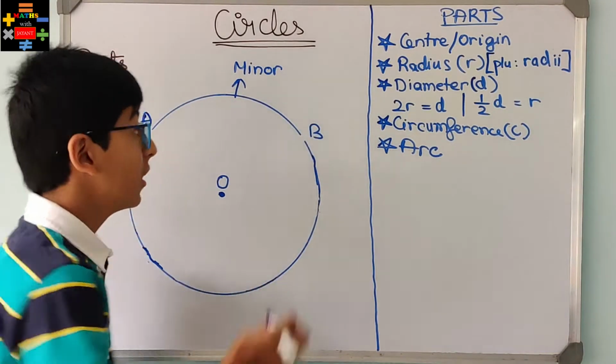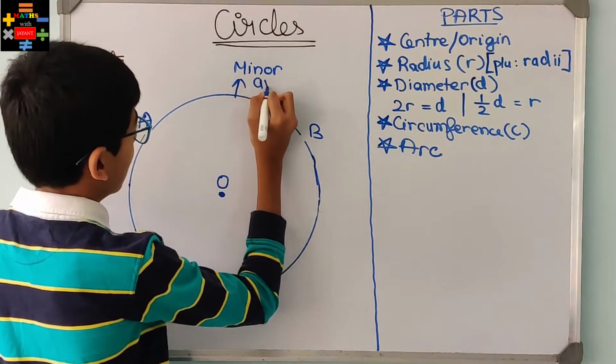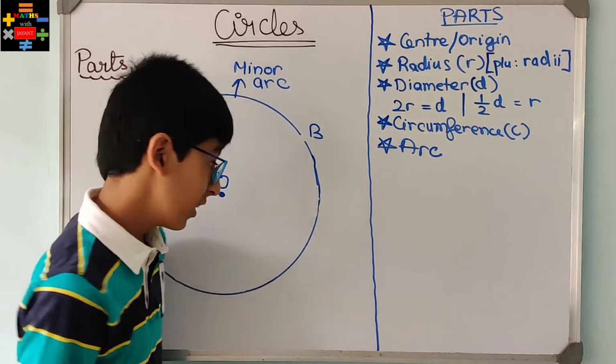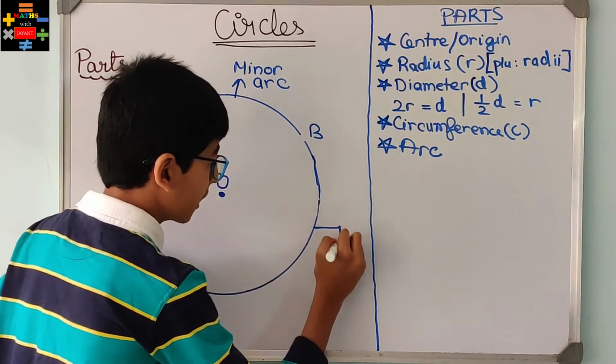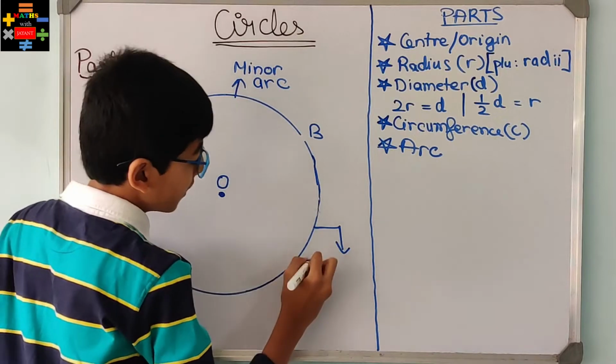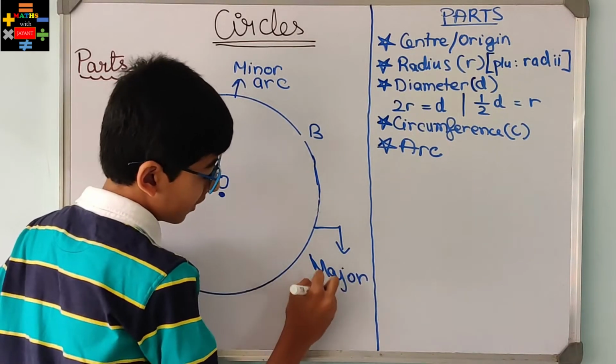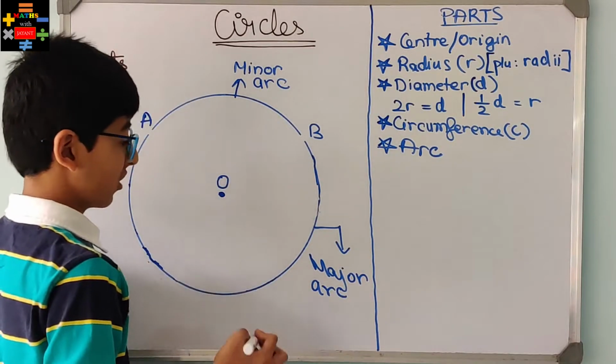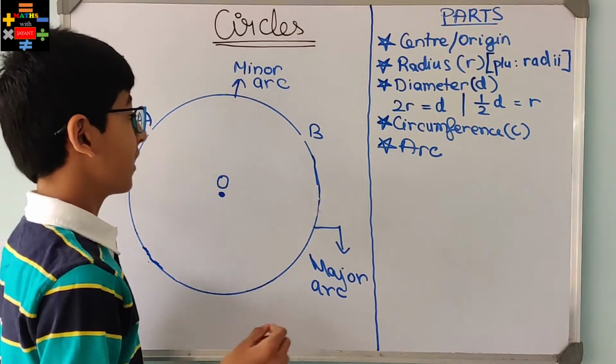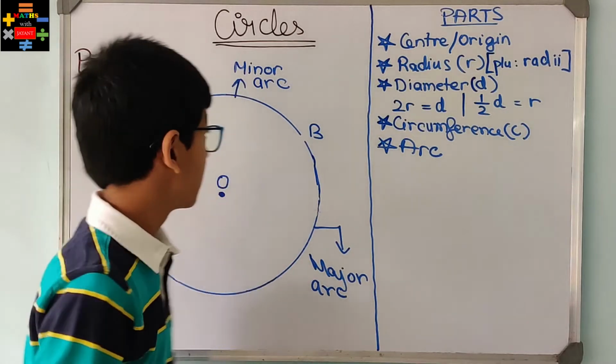Minor means small. So for the smaller arc, I'll say minor arc. Any idea what I'll say for the bigger arc? If you're thinking major arc, then you are extremely correct. The bigger arc will be called the major arc. So this is about arcs.